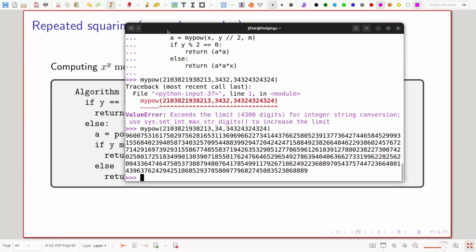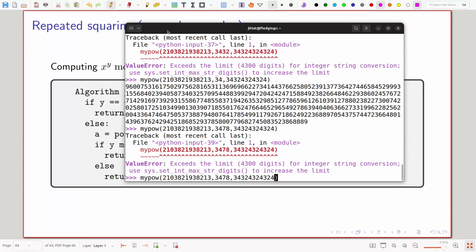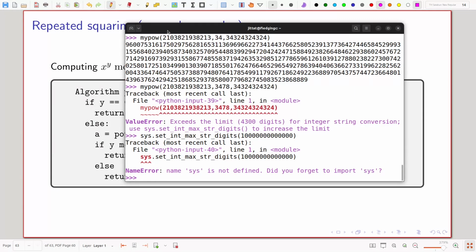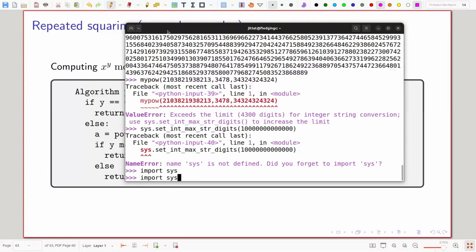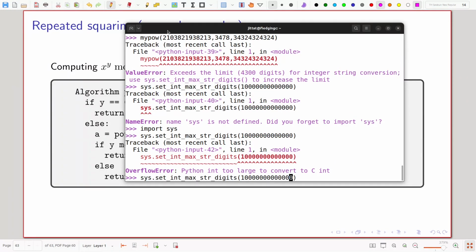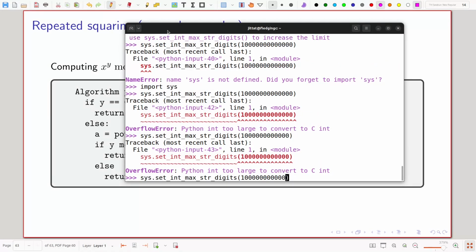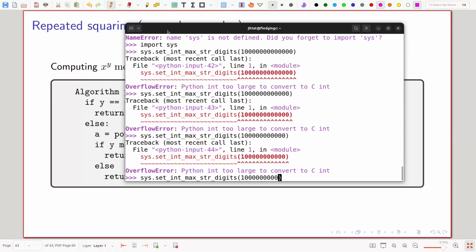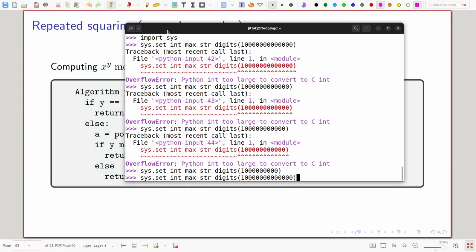Let's do this. Let's set the limit with sys.